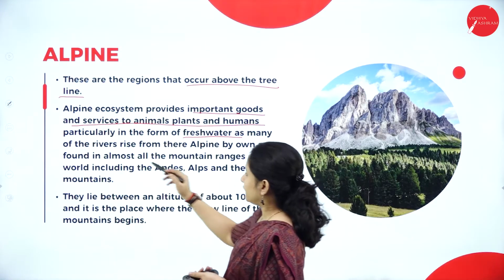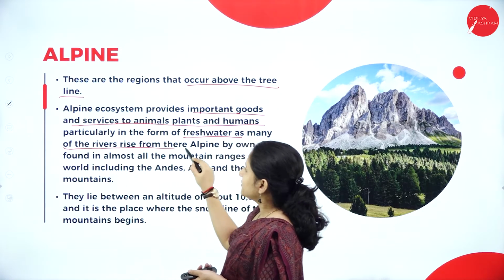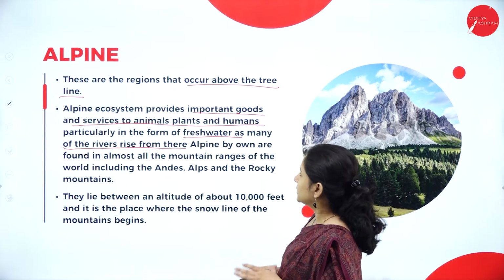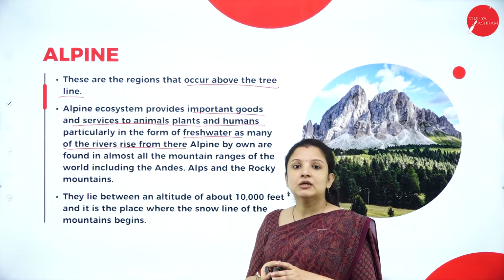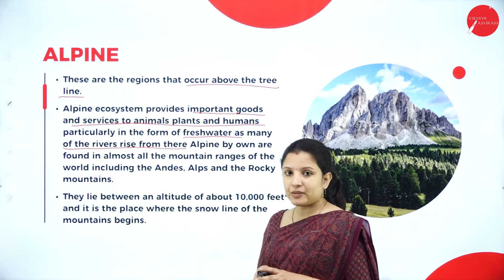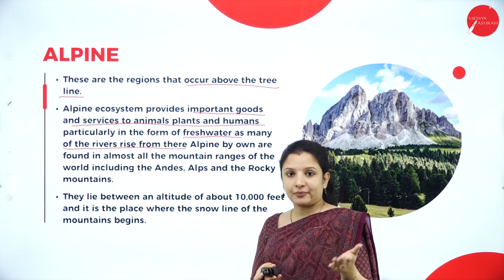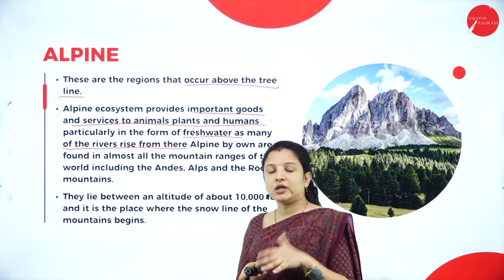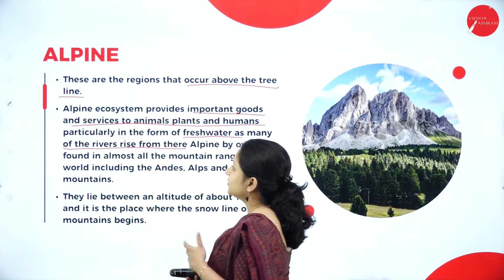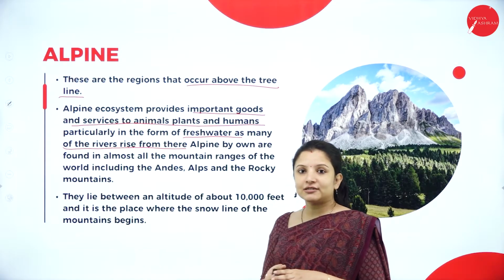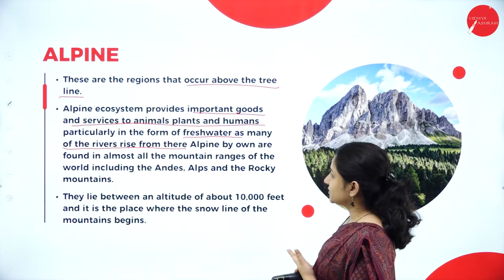So that is the reason for this. And rivers are also one of the important goods and services which the ecosystem provides to the people. About important goods and services of ecosystems, you have a separate topic for that in a particular unit. There you will study in detail. So here, when I say important goods and services, one best example is the rivers.